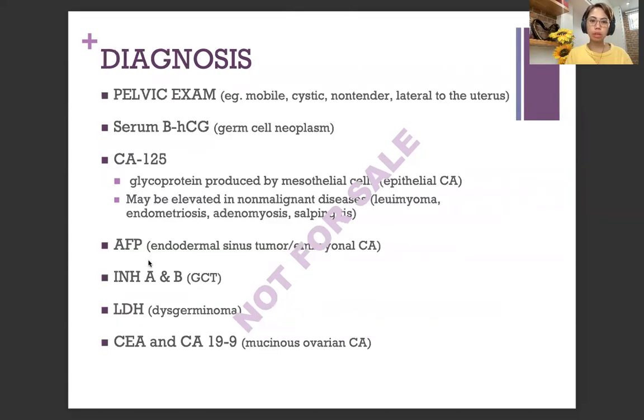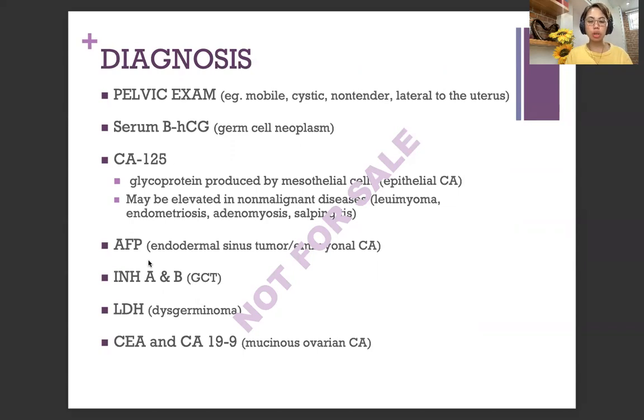Now, how to diagnose? Of course, we do first pelvic exam. Apart from asking in the history the associated symptoms, you are able to appreciate an adnexal mass through the pelvic exam. You can request for tumor markers, serum beta HCG for germ cell neoplasm, CA125 for carcinoma.